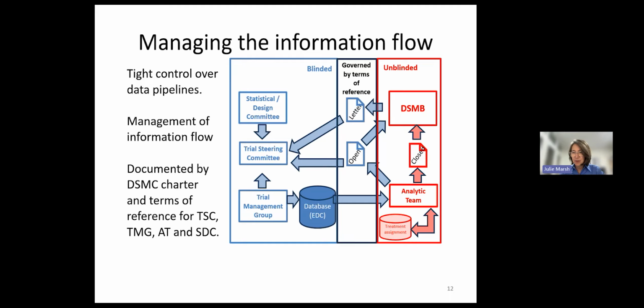Careful planning is needed to ensure investigators remain blinded to avoid operational bias. And timing and format of the reports must be standardized to support transparent decision making. So this requires not only tight control over the data pipeline, which includes timely, clean data extraction and predefined statistical outputs, but the decisions also need to be justifiable and traceable. So you need good documentation practices.